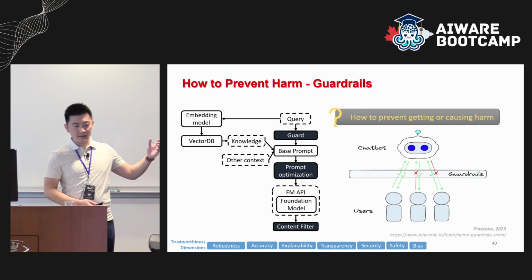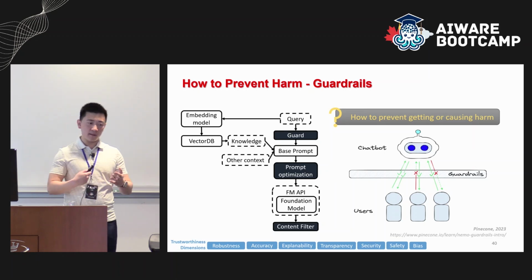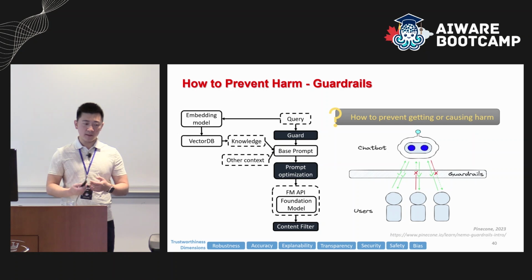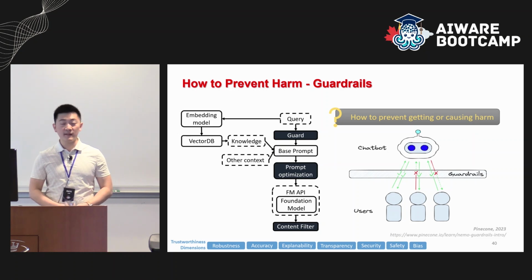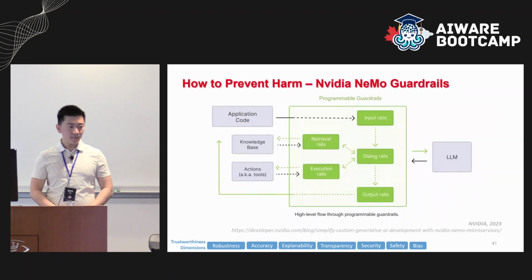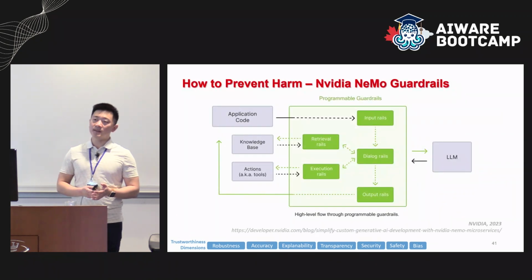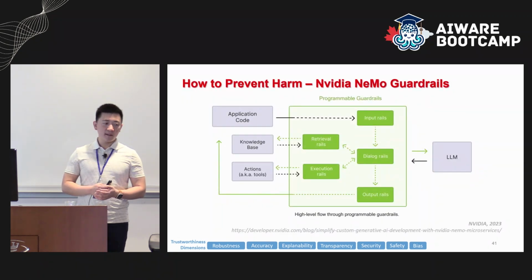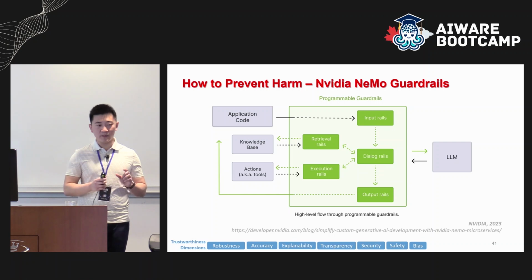As you see in this diagram, it checks both directions of communication between a chatbot application and a user. There are many commonly used guardrail frameworks out there. At the enterprise level, NVIDIA has a framework called NeMo Guardrails. It provides many different ways of developing guardrails.